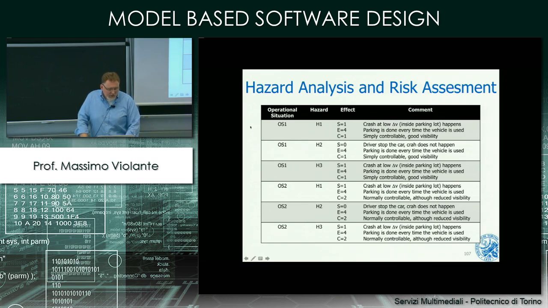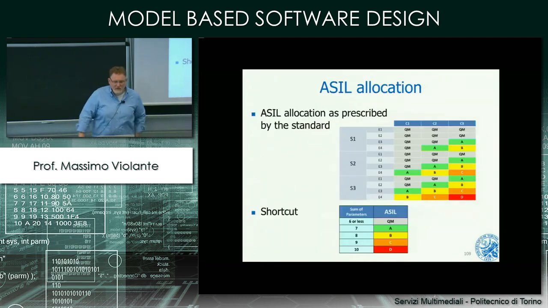That's why I placed 1 for operational situation 1 as far as controllability is concerned, and 2 for the other. Okay? Is this clear? Then I did the same for the other operational situation. And here we have the ASIL determination.